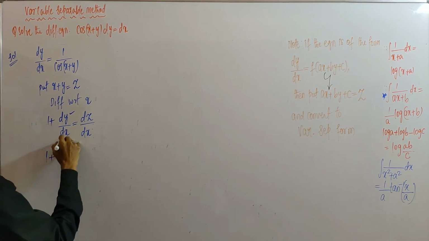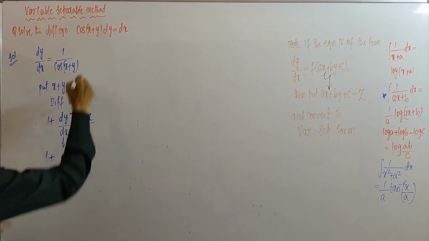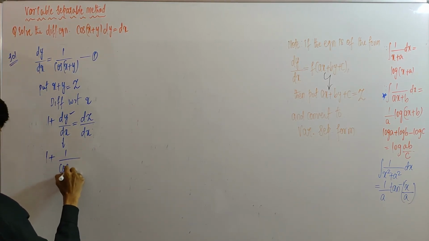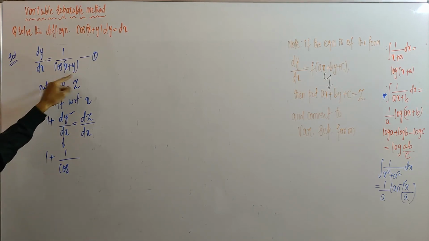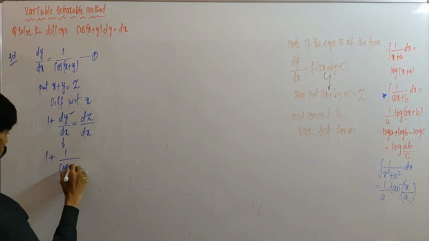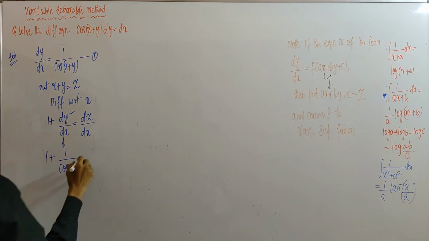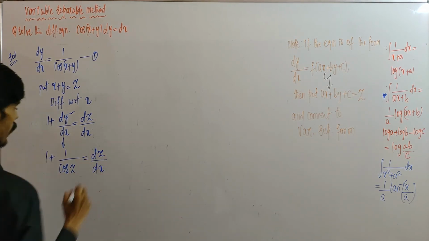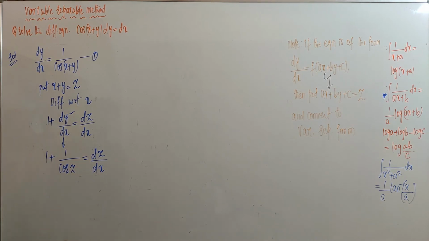So we have 1 plus, remove this from equation 1, dy by dx value is 1 by cos(x + y). x plus y is z. So this will become 1 plus 1 by cos z is equal to dz by dx. We have only two types of variables, that is z and x.